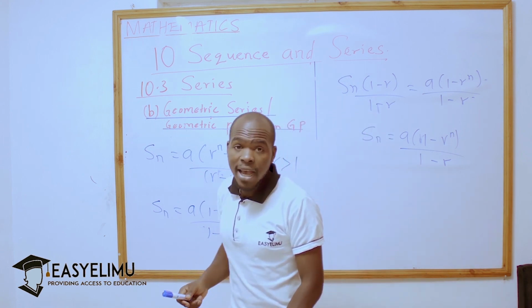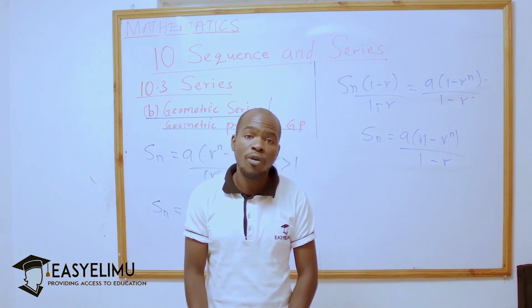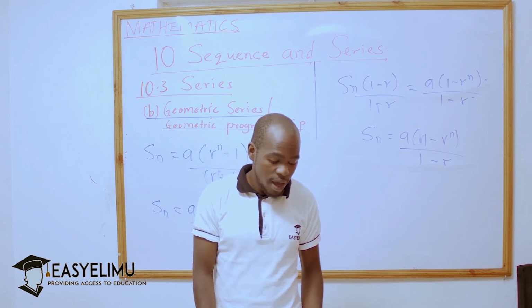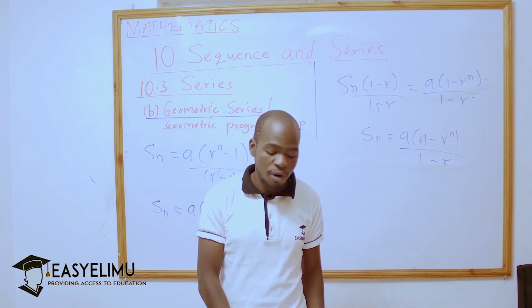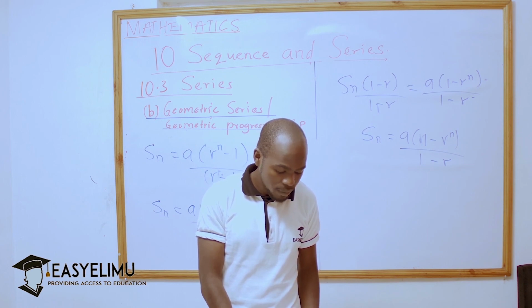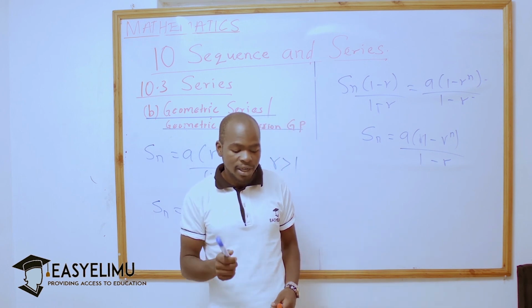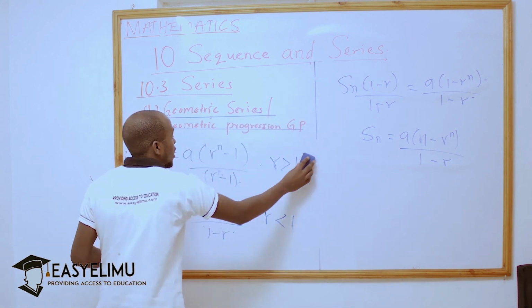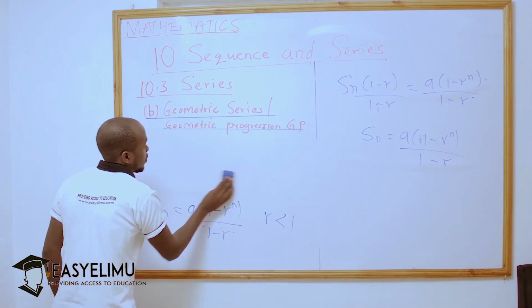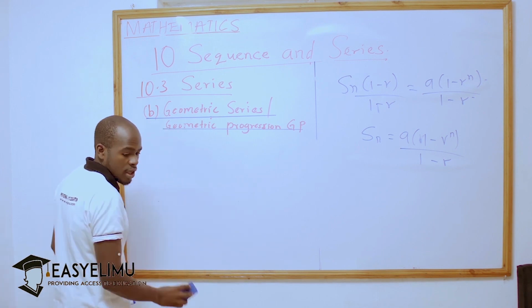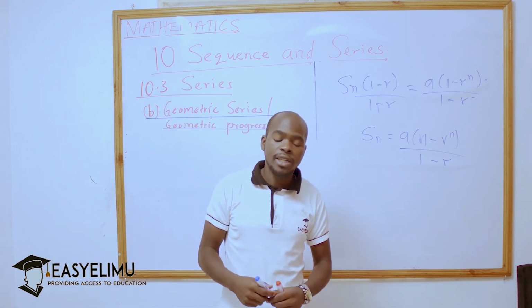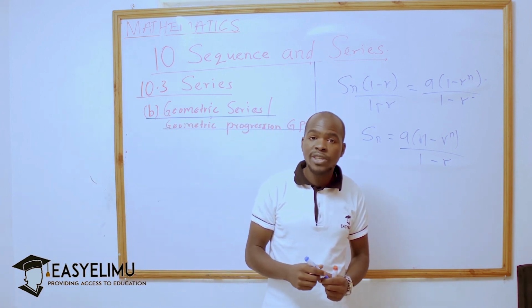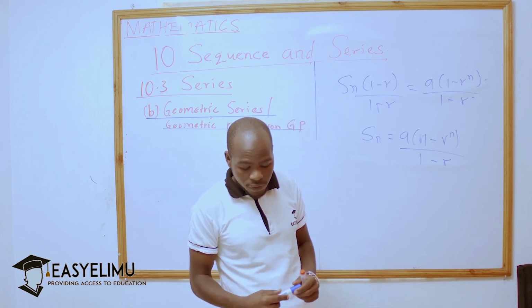So let's see an example to help us solve a geometric progression using the formula. The sum of the first three terms of a GP, meaning geometric progression, is 26.